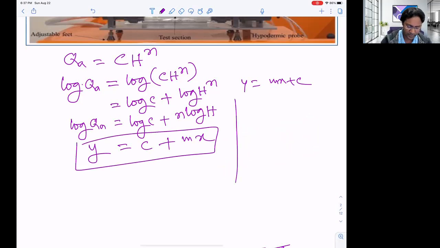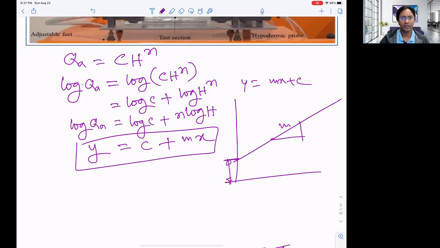If we plot this straight line, it will look like this one. This is the slope of the line, m, and this segment, the intercept on the y-axis, is called c, and that is the x-axis and that is the y-axis.